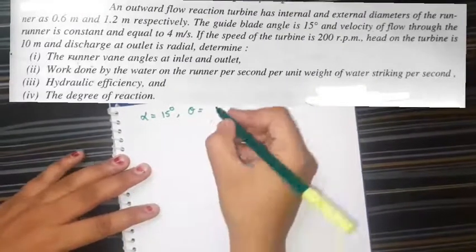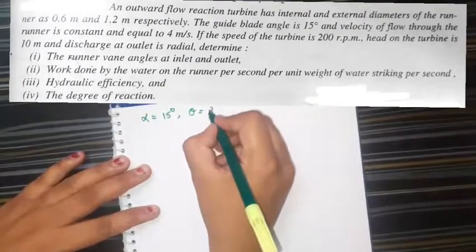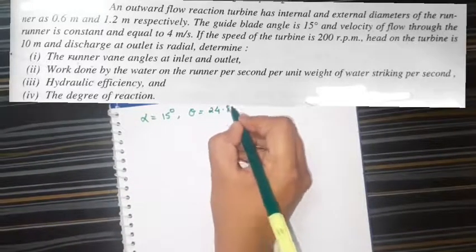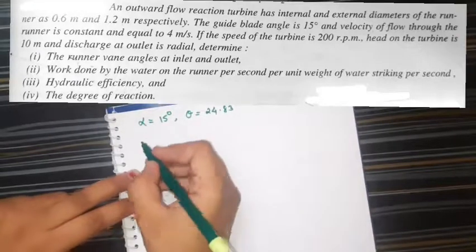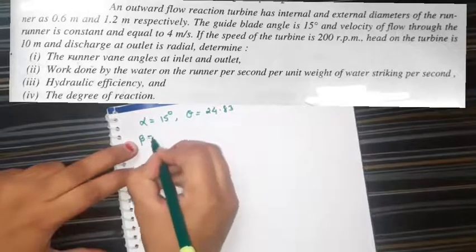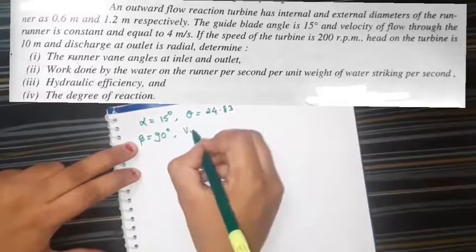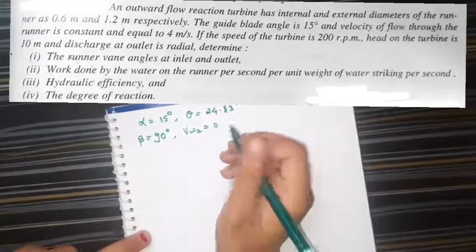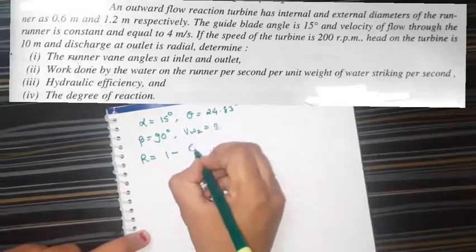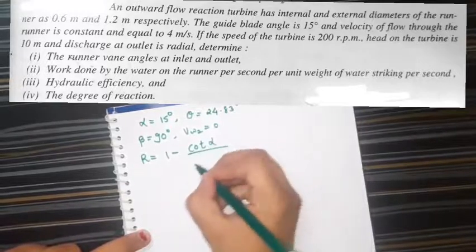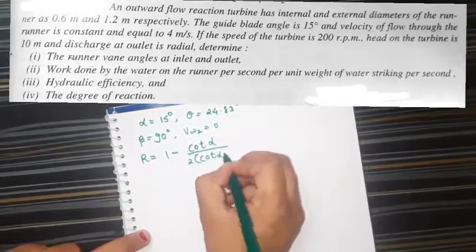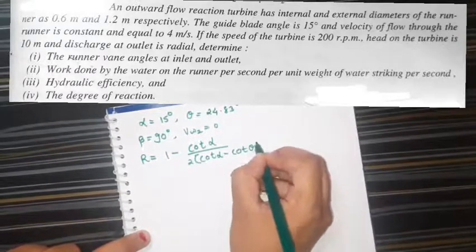So alpha is 15 degree and theta is 24.83 degree. Now as it is a reaction turbine and we have considered that beta is equal to 90 degree, that means Vw2 is equal to 0, the degree of reaction we can find from the equation 1 minus cot alpha divided by 2 times (cot alpha minus cot theta).